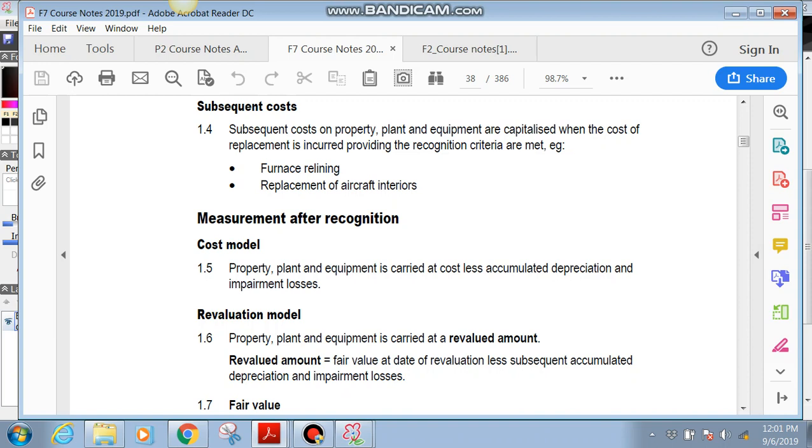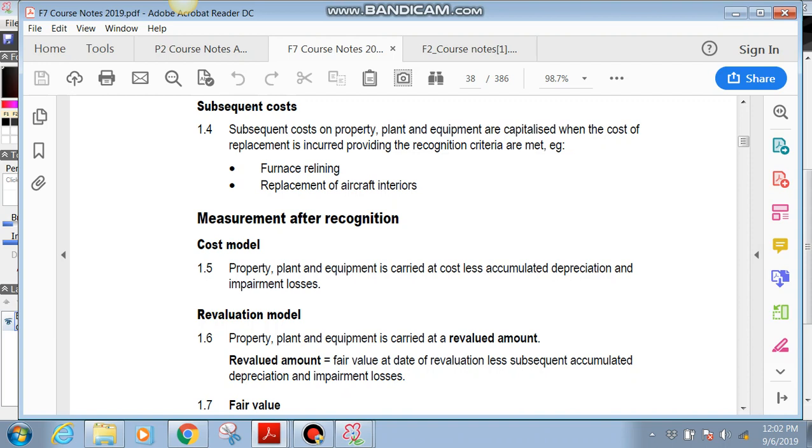Depreciation is simply recognizing the benefits that you are enjoying by using that asset. So that benefit, we take it as depreciation, which is an expense in the profit and loss. So at the end of the year, you've got cost minus depreciation equals carrying amount of that asset. So measurement after recognition is at the end of the year.